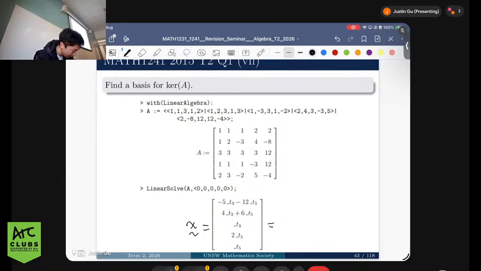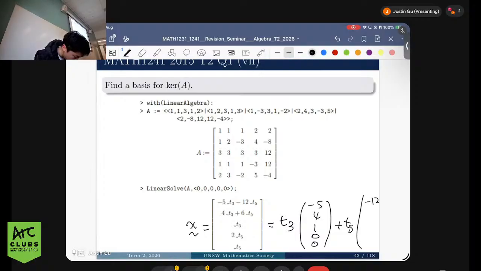Essentially, if we take out T3, we should get -5, 4, 1, 0, 0, plus T5, which is -12, 6, 0, 2, 1.